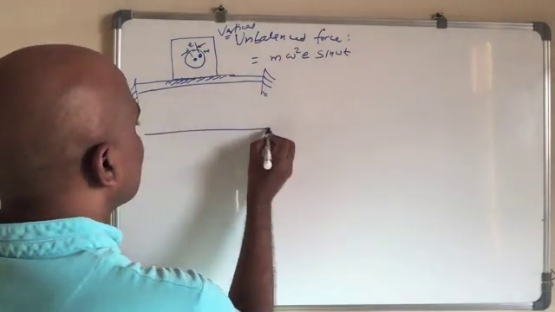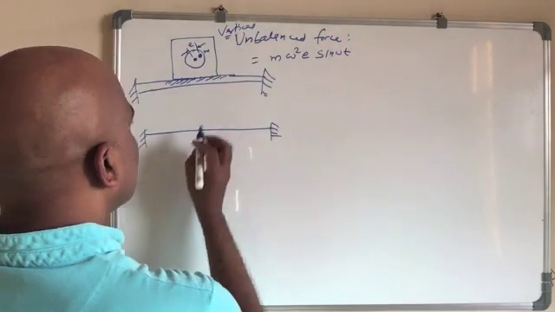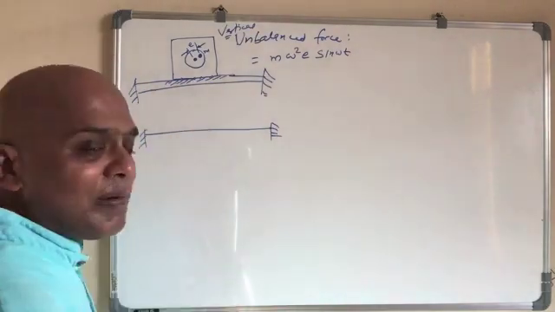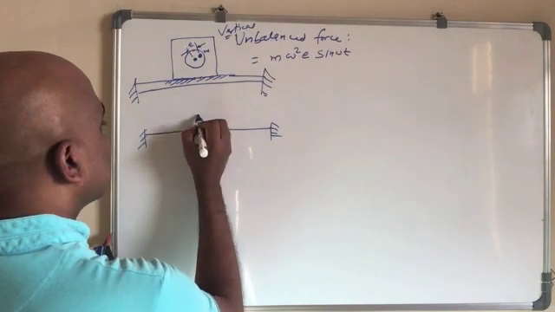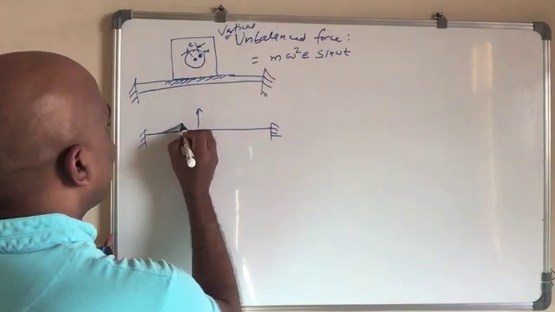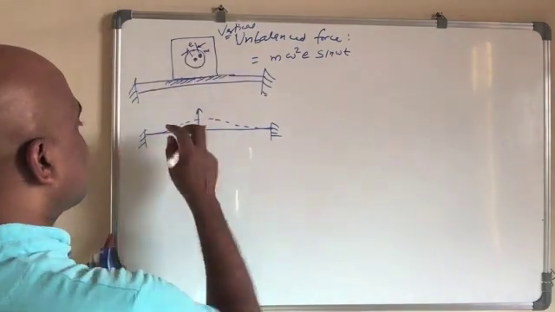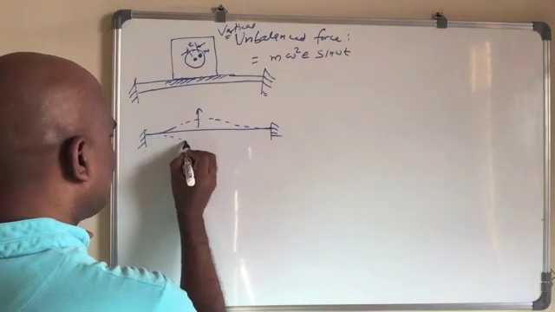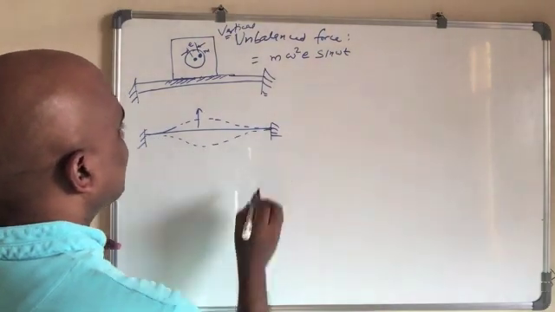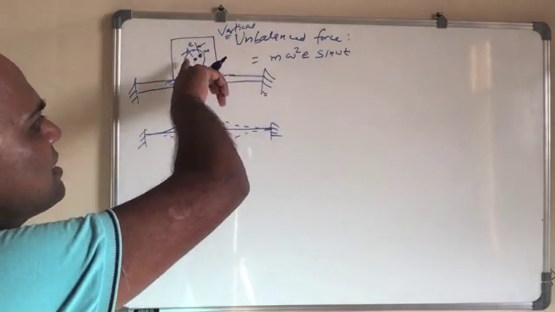This is going to make it vibrate. How? At one point it may have force upward, so it will go upward like this. Then when it rotates, comes down, then force will be downward, so then it will go like this, and so on.